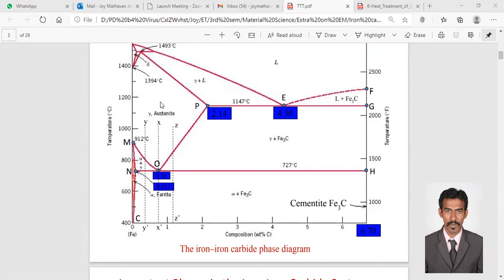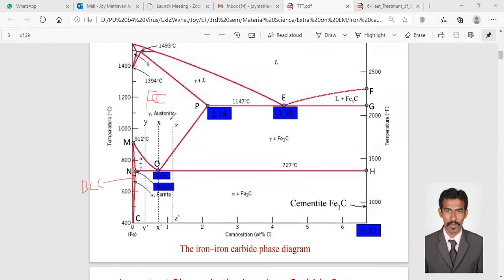When it goes to austenite, it takes the form of FCC, that is face centered cubic structure. So you don't need to panic about why this is called ferrite and why that is called austenite, because of this region. Here it is of BCC structure, but here it is of FCC structure, which is called gamma Fe or austenite.